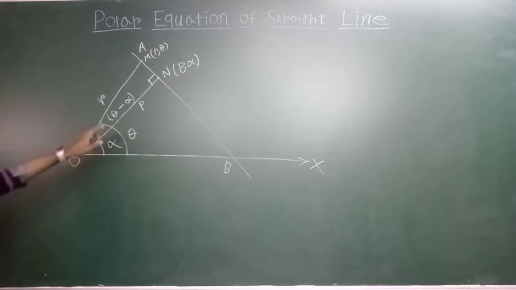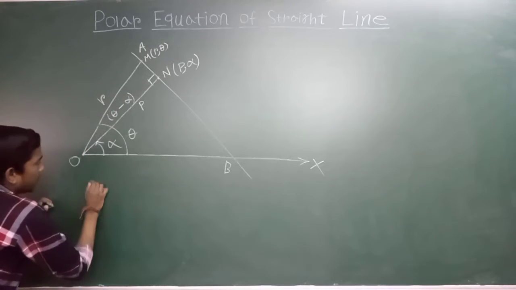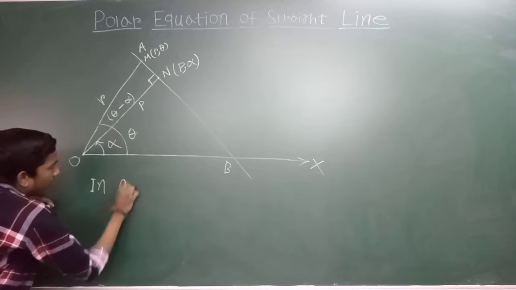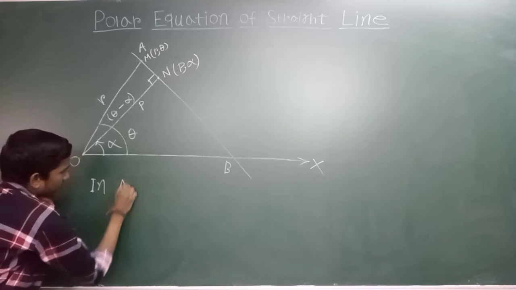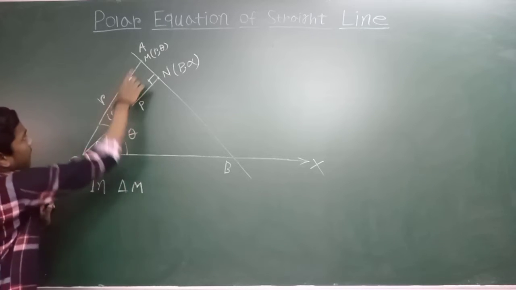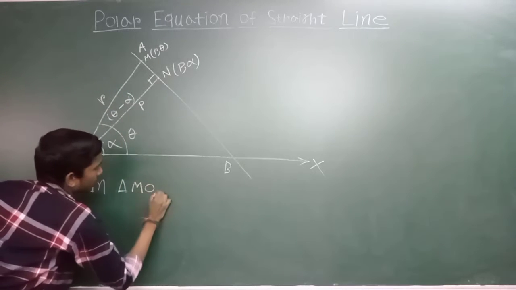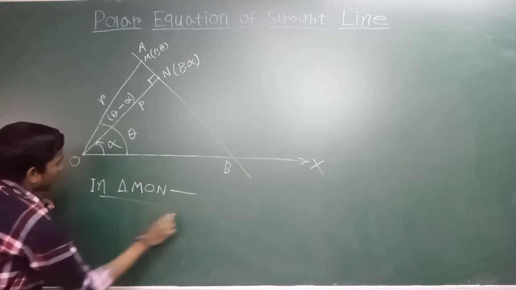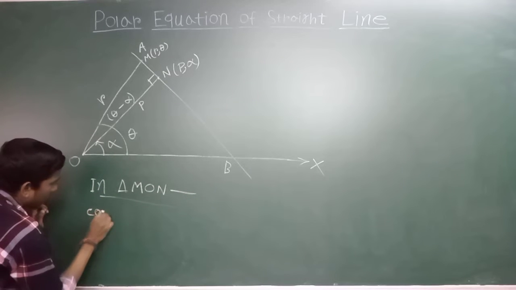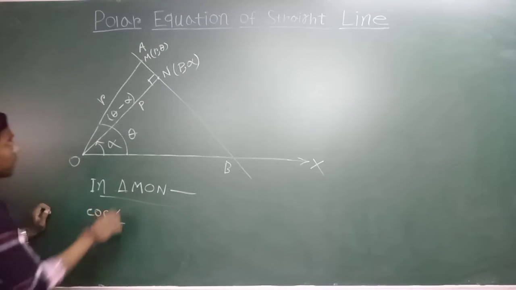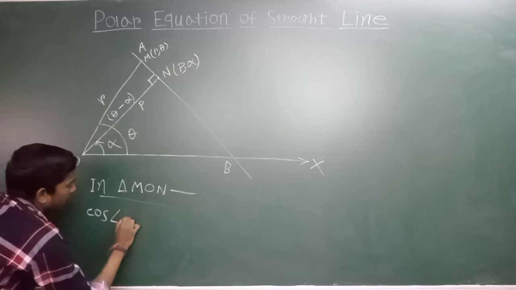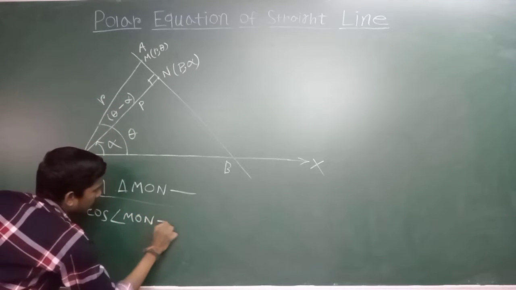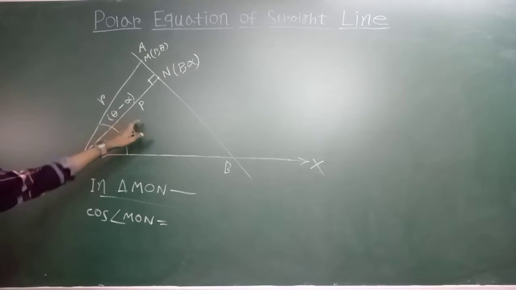Now in this triangle MON, cos of angle MON is equal to base upon hypotenuse.